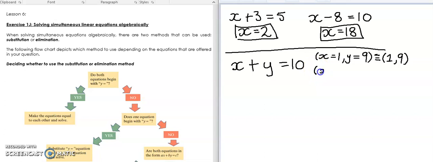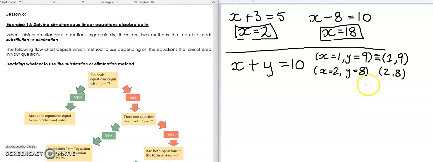But then we can also do 2 and 8, okay? Or 2, 8. That's also a pair of solutions. Heck, we can do 3, 7, 4, 6, 5, 5. We can even swap them around: 6, 4, 7, 3, 8, 2, 1, 9. Heck, we can do 0, 10. But it doesn't even have to work with whole numbers.